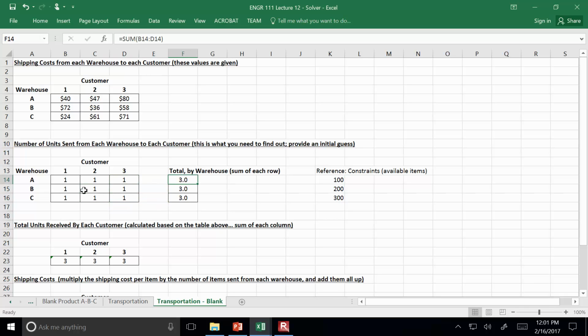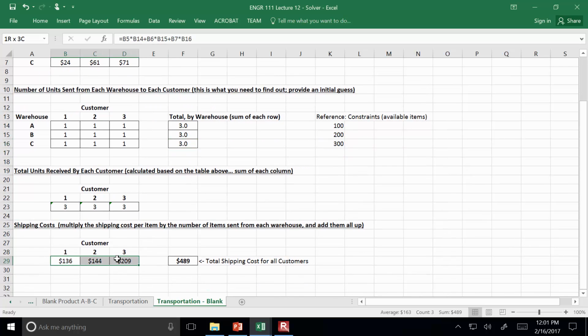Okay, so then these are the sum of the rows that are to the left of it, and then these total units are the sum of the columns above, because it's telling me this sum is how many units each customer has received, and this one is telling me how many each warehouse has sent out.